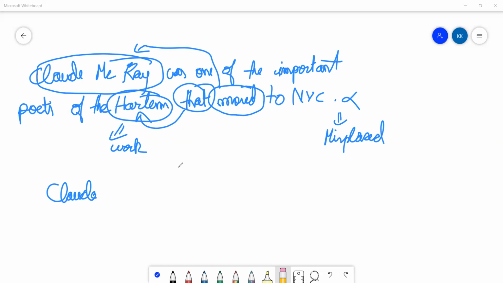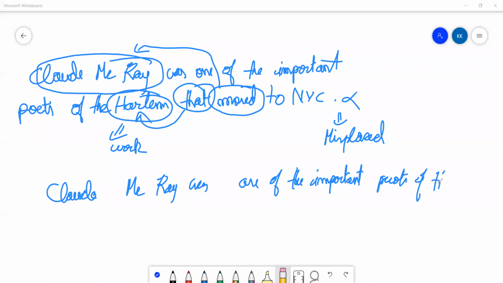There's one more way you can write it. Claude McKay was one of the most important poets of Harlem. And then what you can do is you can just put a semicolon, and you can write he moved to New York City.